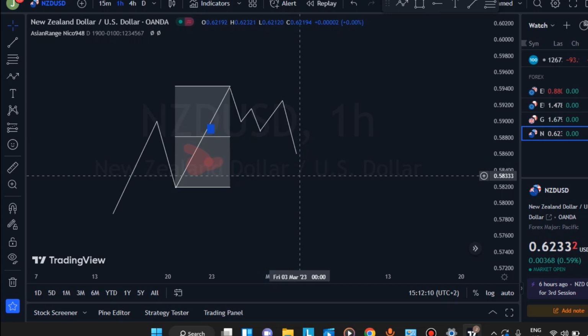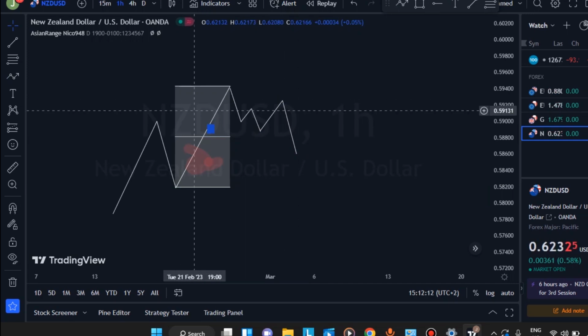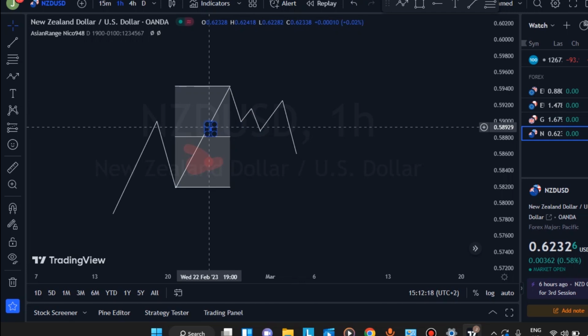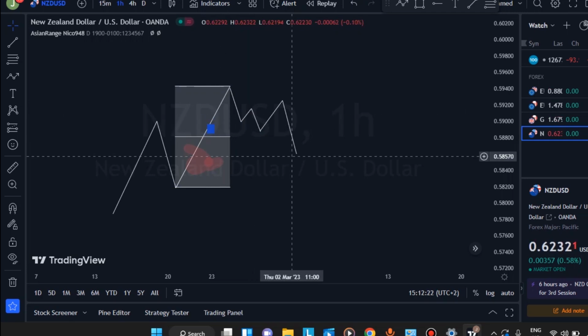So order blocks in this premium area will never hold. They tend to fail the most because they're gonna be used as liquidity so that the market can have impulsive moves. Remember, for the market to move impulsively, we need fuel, and this fuel comes from the mitigation of those orders that people have put in the wrong order blocks.